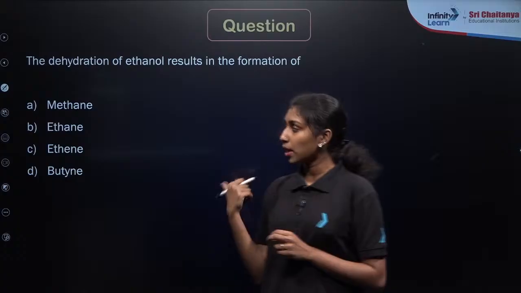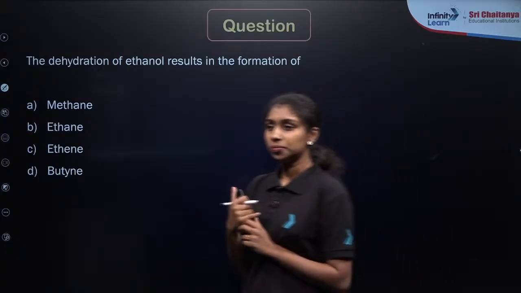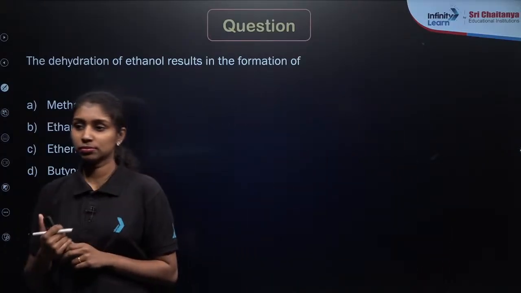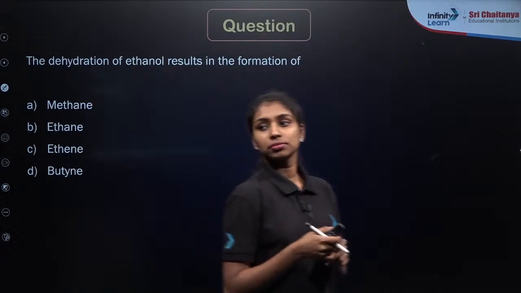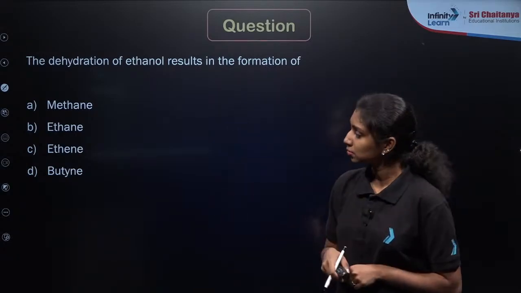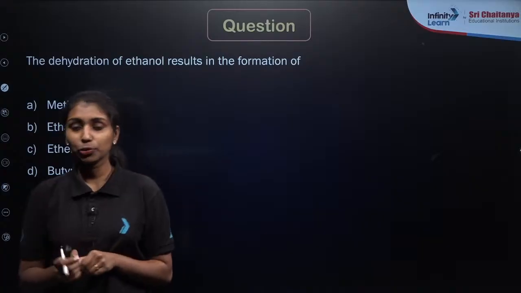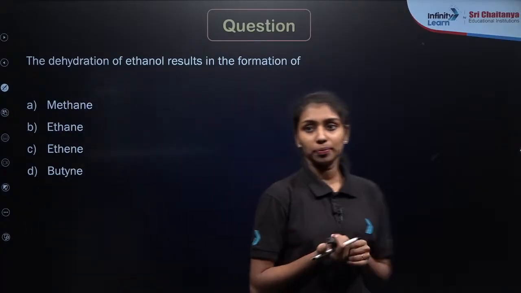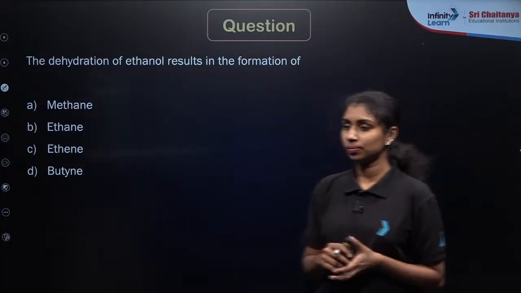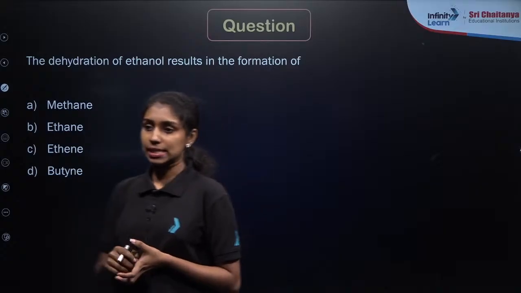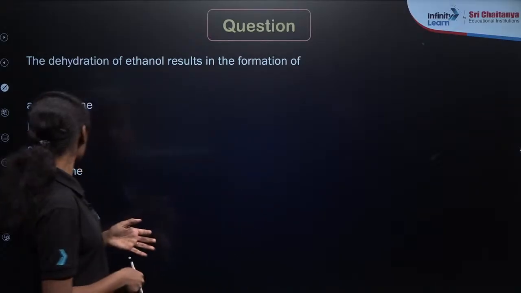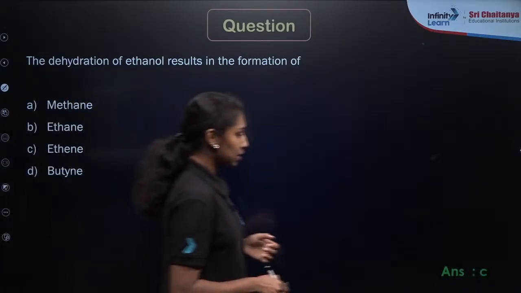So, what will be the product? There is no structural formula given. You need to give me the name of the compound. Yes, it is ethene, right? Ethene, which means option C will be our correct answer.